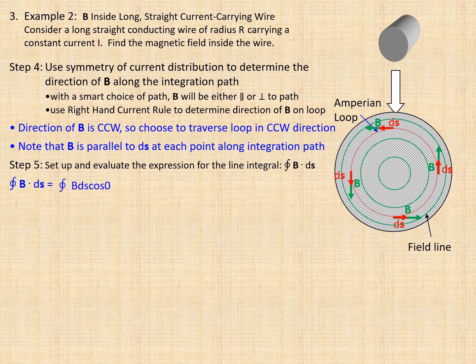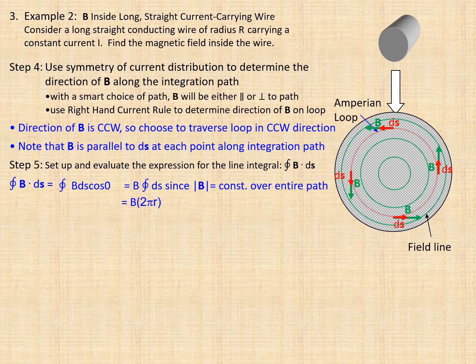We also see that for our circular Amperian loop of fixed radius, the magnetic field is constant in value everywhere along that integration path, which means that we can take it outside of the integral, in which case we are simply left adding up these displacement vectors ds, summing them up around the entire closed loop, which, as we saw previously, simply gives us the circumference of that circular Amperian loop, having a value of 2 pi r.